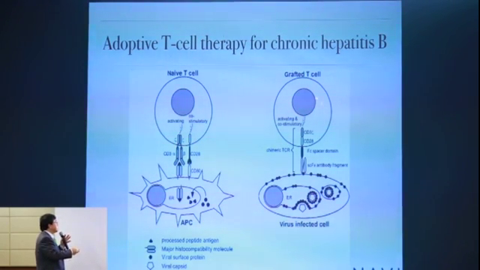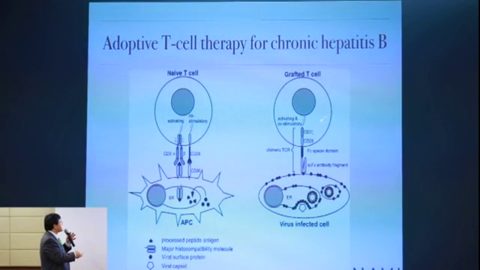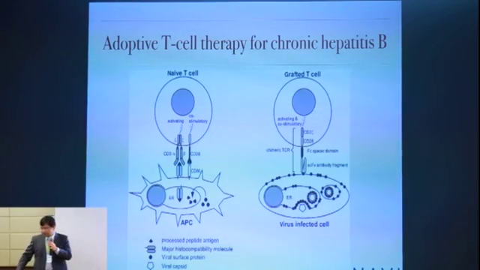So the T cells modified by the gene are like a GPS that lets the T cell track the virus-infected cells and kill them. So this is an application of immune cells to treat chronic hepatitis B.